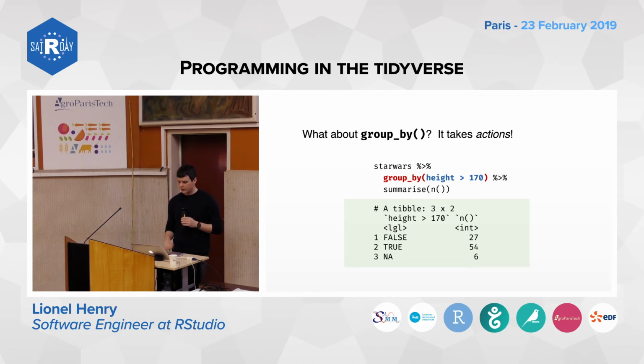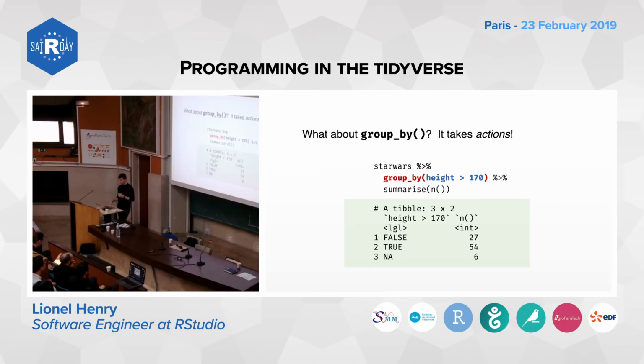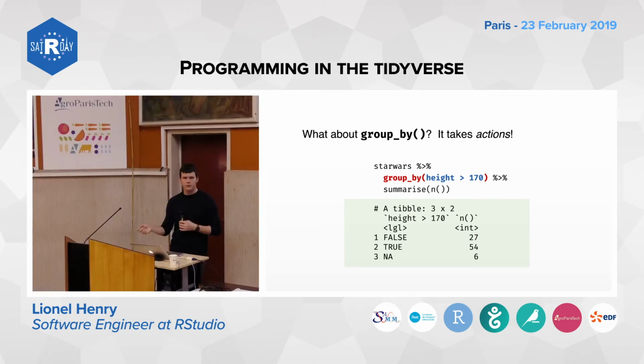And the reason we made it this way is that it's actually very useful to be able to create a new vector on the spot here. And so in this example, we create a new logical vector that represents whether the observations have a certain height. And then we have this group table, and we can summarize it. Here we take the counts of this new factor.